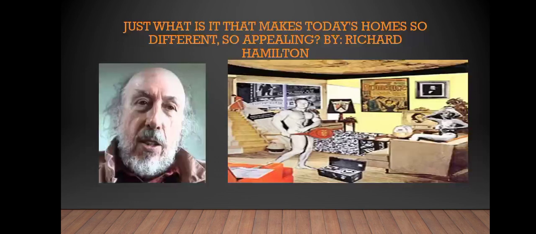Next is Just What Is It That Makes Today's Homes So Different, So Appealing by Richard Hamilton. This collage was the first work of pop art to achieve iconic status. It was made in 1956.